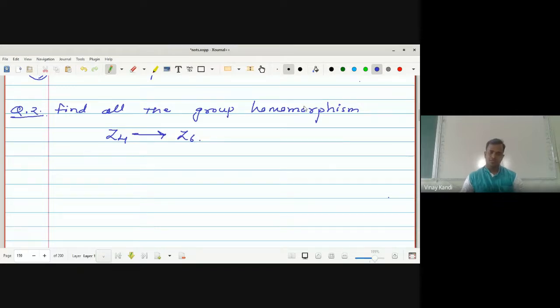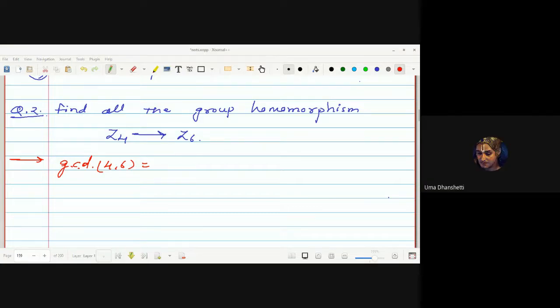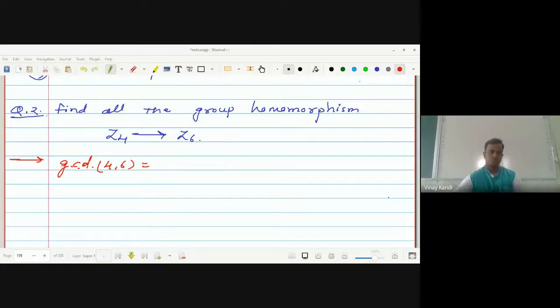Okay, answer. Find GCD of 4 and 6. What is GCD of 4 and 6? 2. Okay, very good. 2 is the GCD of 4 and 6.